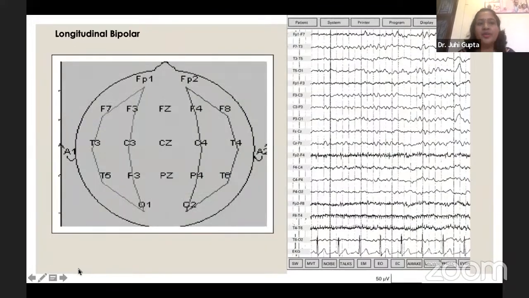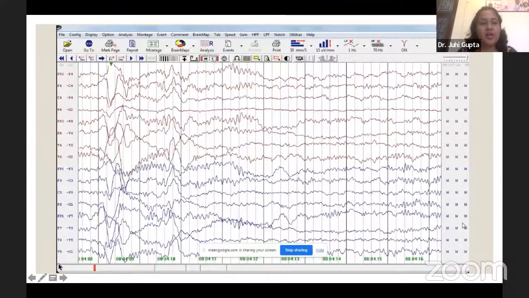Now look at the two major types of bipolar montages. First, longitudinal, wherein the chains are arranged vertically: FP1, F3, F3-C3, C3-P3, and P3-O1. On the right side, FP2, F4, F4-C4, C4-P4, and so on. The one page that you are seeing, which comprises 10 seconds of record, is known as an epoch. On this epoch on my screen, you can see FP2 with reference to F4, F4-C4, C4-P4.